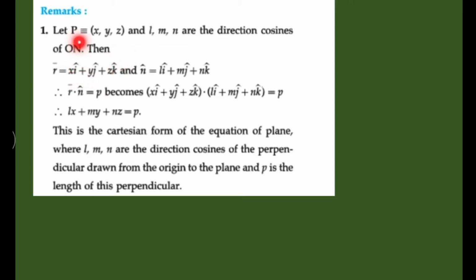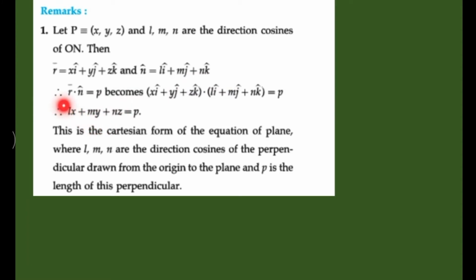Then from this point P we take position vector of point P as r bar. So we write here position vector of point P as xi plus yj plus zk, and if the given direction cosines are the direction cosines of normal, so from direction cosines we can find the unit vector. So we write n cap equals to li plus mj plus nk.